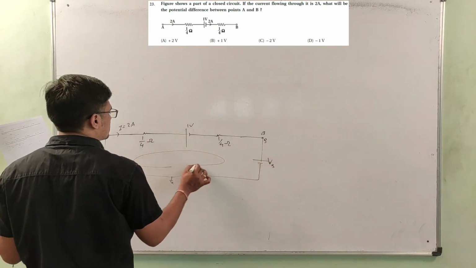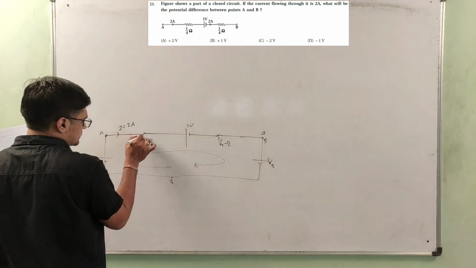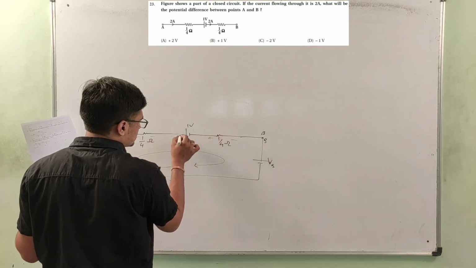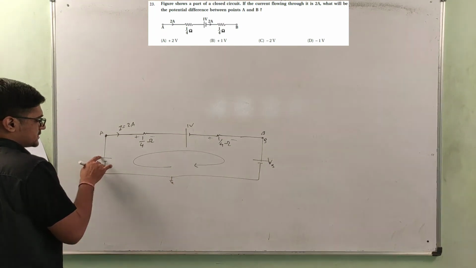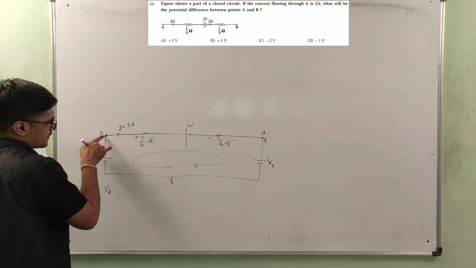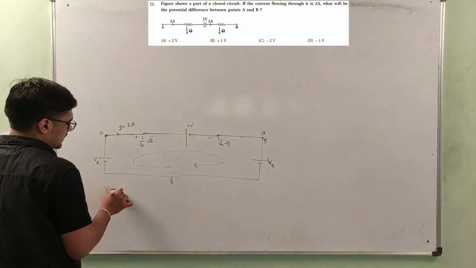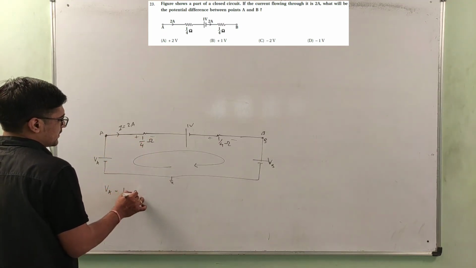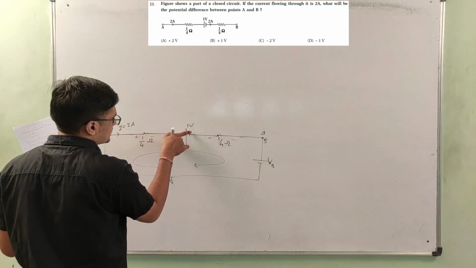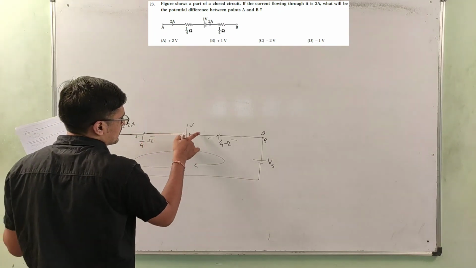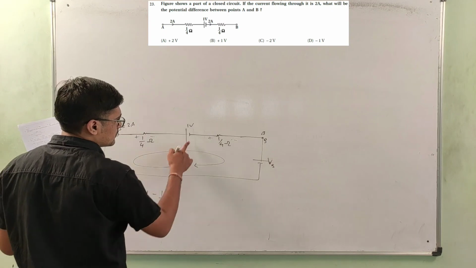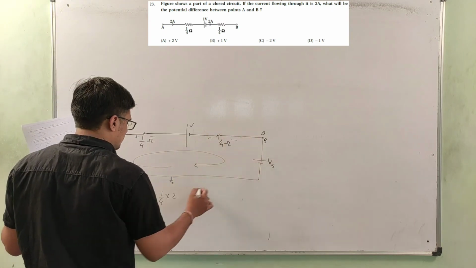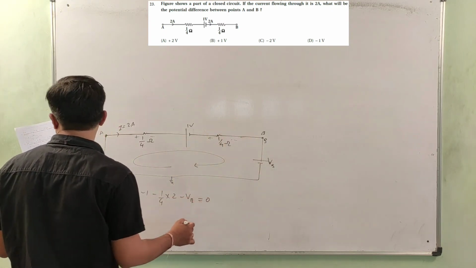Apply Kirchhoff's rule here. Going in the direction of current, the signs are plus minus, here also plus minus. We are going from this side, first comes minus, so write plus VA; then plus, so write minus the resistance 1 by 4 times current 2; then minus 1; then minus the resistance 1 by 4 times current 2; then plus, so write minus VB is equal to 0.